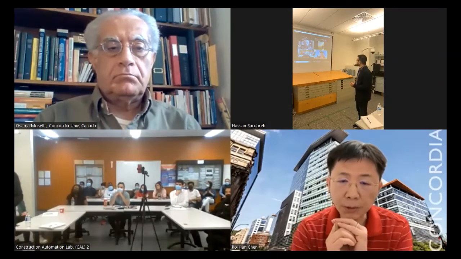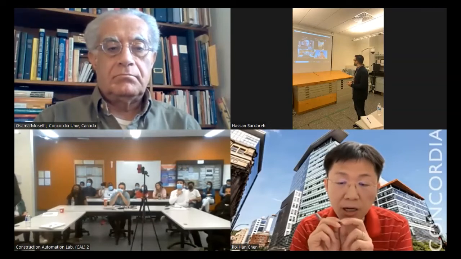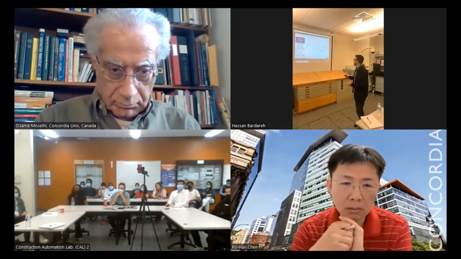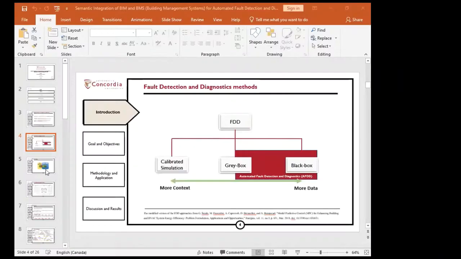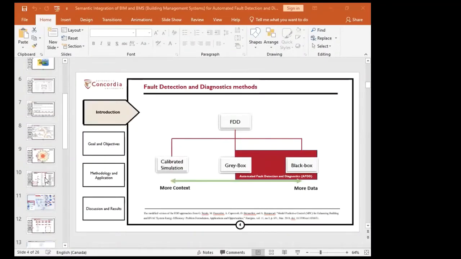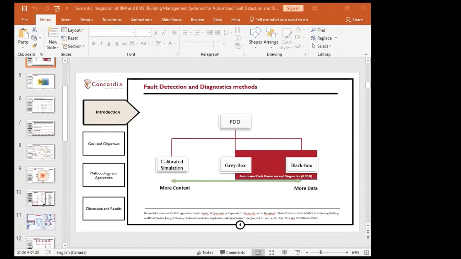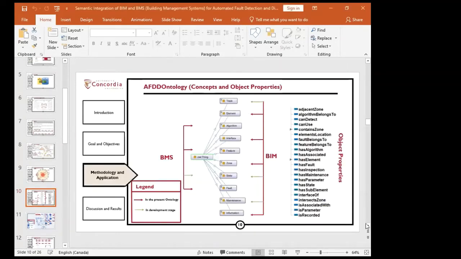Can you give me a few examples of your defined data and also a few examples of your defined context? Okay, sure. So maybe I can go to the context part of my slides.